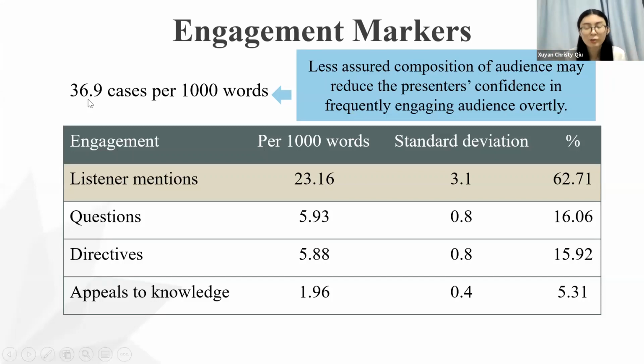The less assured composition of the audience may reduce the presenter's confidence in frequently engaging them, obviously, in the 3MT presentations. So they tended not to use that many engagement markers. The most frequent type of engagement markers is listener mention, followed by question, directives, and appeals to knowledge.